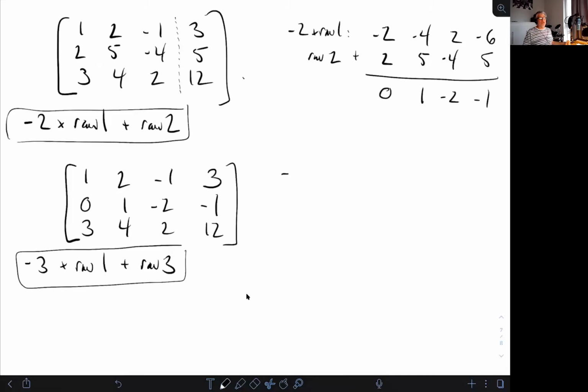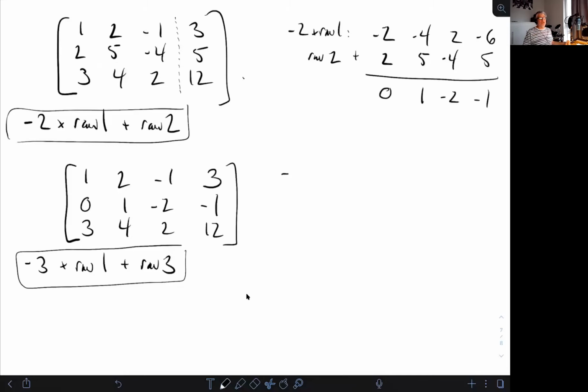All right, so -3 times row 1 plus row 3. I'll write here -3 times row 1. So this is -3, -6, 3, -9. Row 3 is 3, 4, 2, 12. I'm going to add those. So I get 0, which is what I want, -2, 5, and 3.